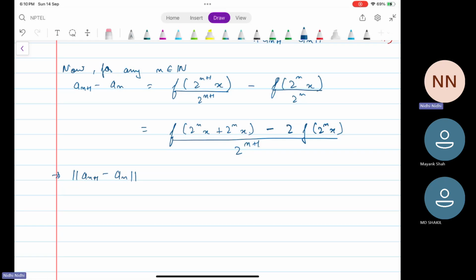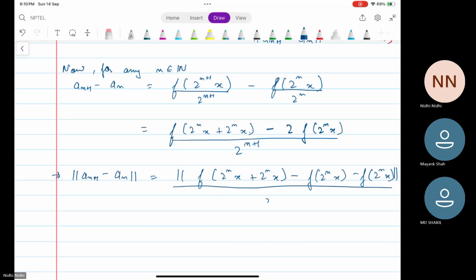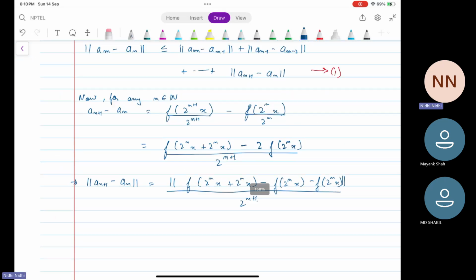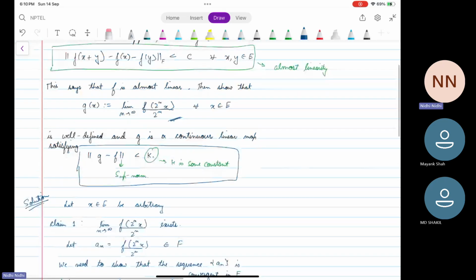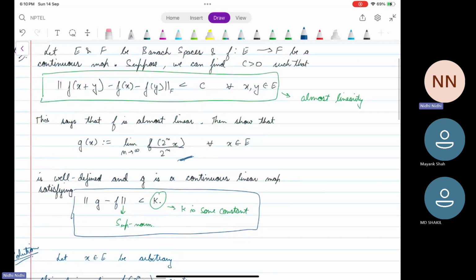Now this implies the norm of a_(n+1) minus a_n is equal to the norm of f(2^n x plus 2^n x) minus 2 times f(2^n x), taken separately, upon 2^(n+1). Eventually we'll be using the condition given on the function f. Now we were given this almost linearity condition.